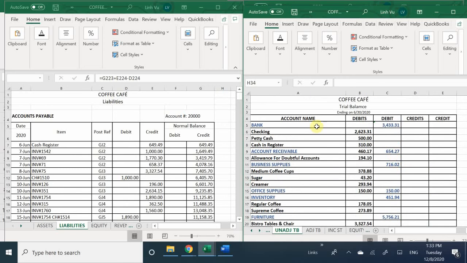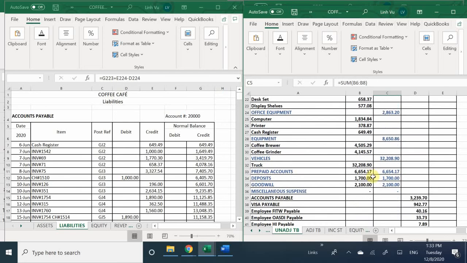So again, I just totaled them up, but I made it easier for you so you don't have to start from scratch and you don't have to add numbers randomly. This is just a way to make it a little easier for you to enter all of your data, and then put a little formula in here and it will just add up the main accounts for you. So again, the last thing that we left off was assets.